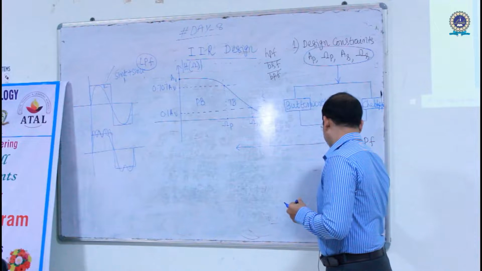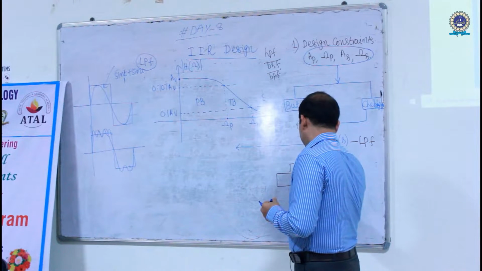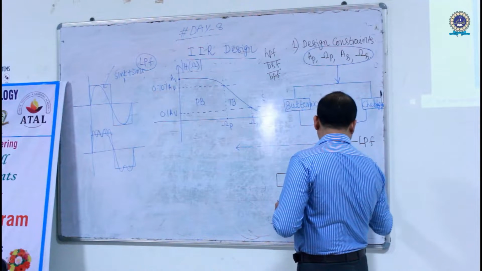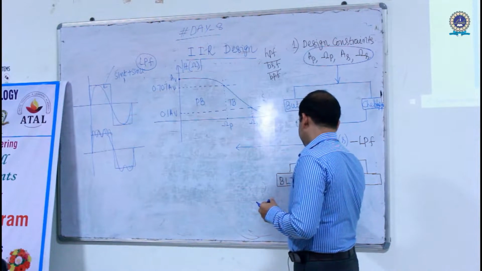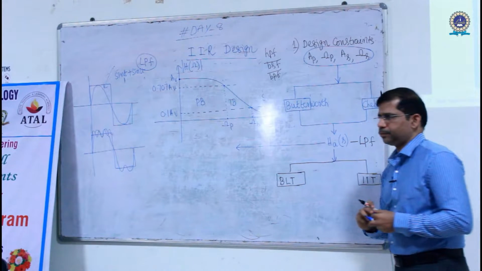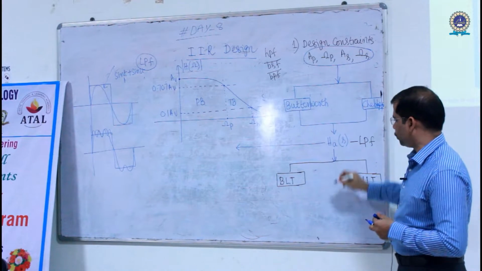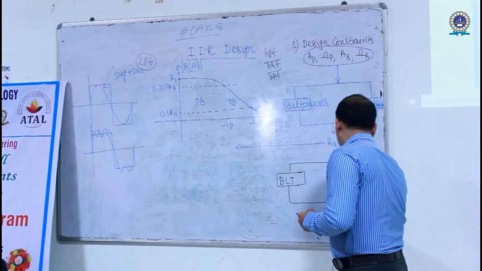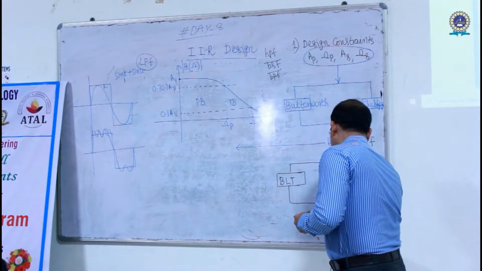Here also we have two techniques: the bilinear transformation technique and the impulse invariant technique. So from the constraints, what is the output here? You get h of z.